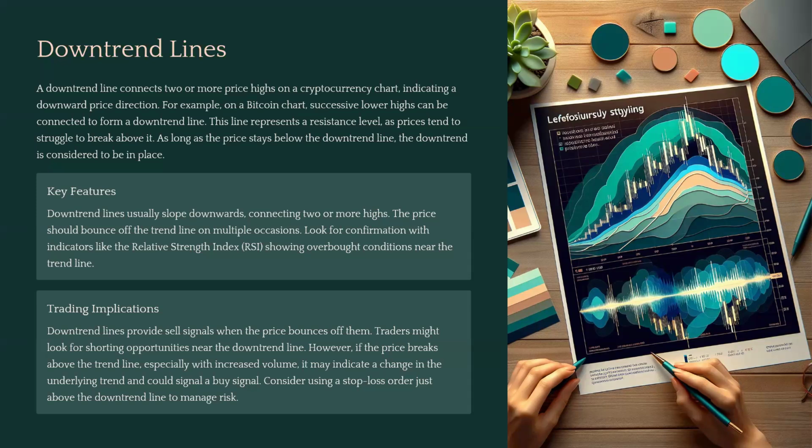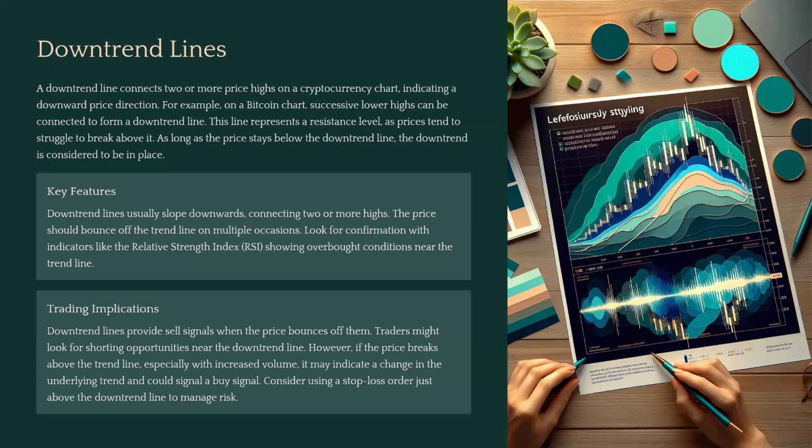By connecting more highs indicated in the candlesticks, it's better, as it shows more accurate pricing for a downtrend. So, trading implications: a downtrend line provides a sell signal when price bounces off it. Traders might look for shorting opportunities near a downward trend line.